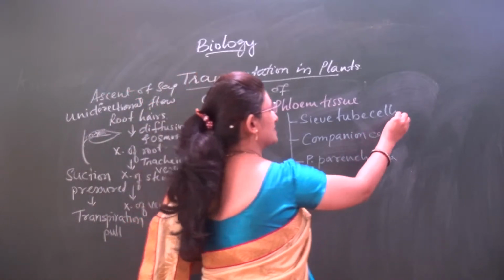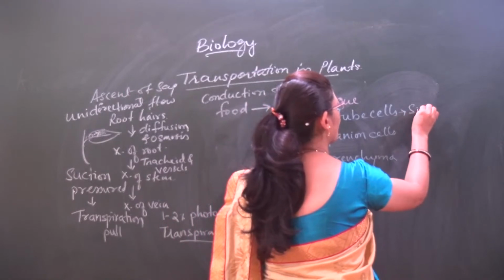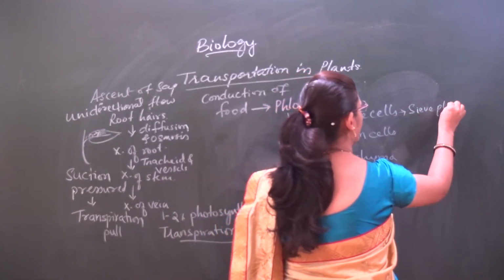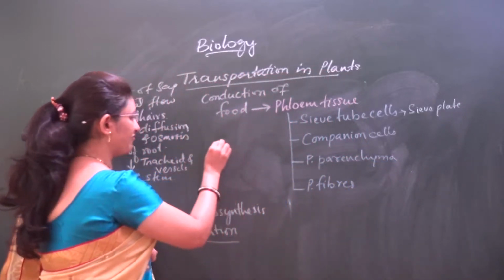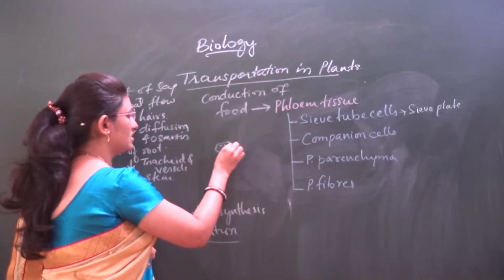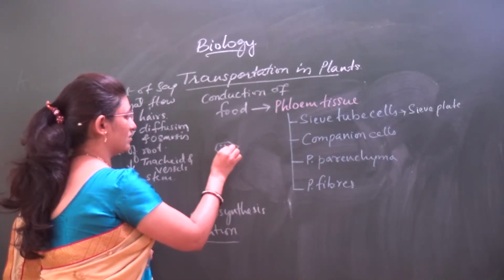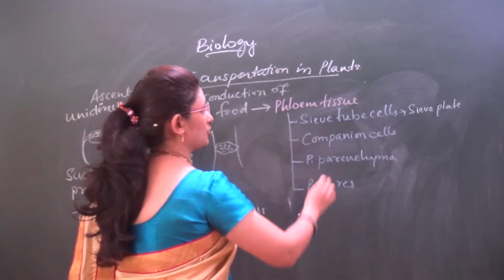The sieve tube cells are the ones which consist of the sieve plate. The longitudinal cells consist of the sieve plate. Sieve-like structures are present in the cells of the phloem, which are present in the sieve tube cells.